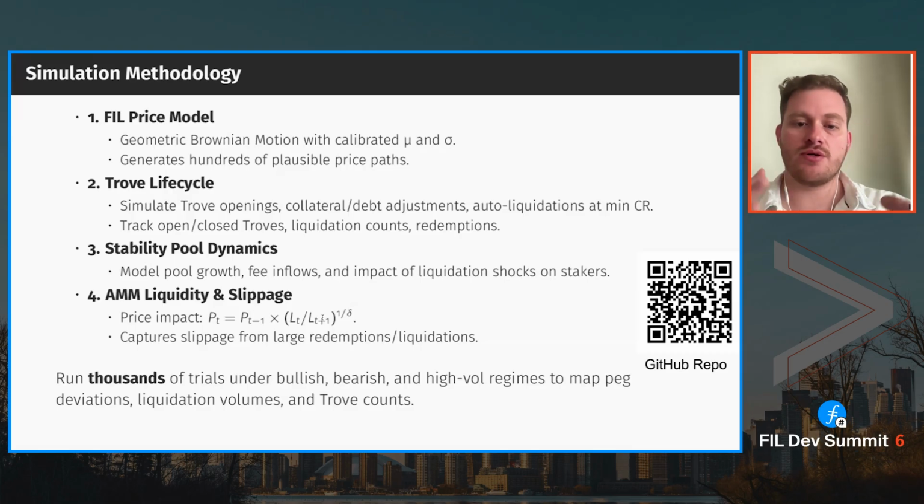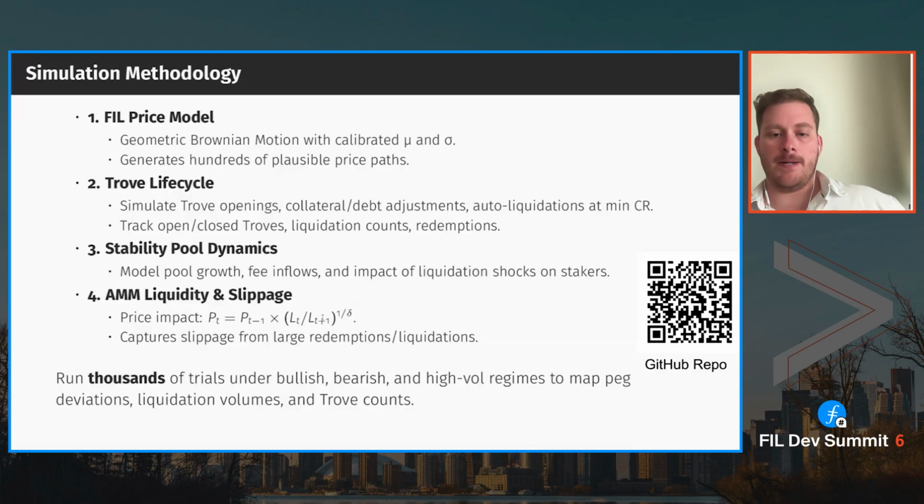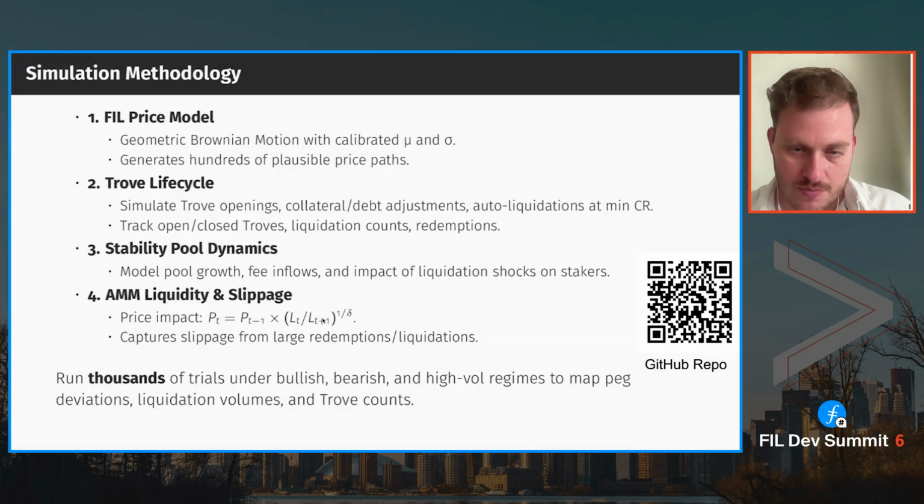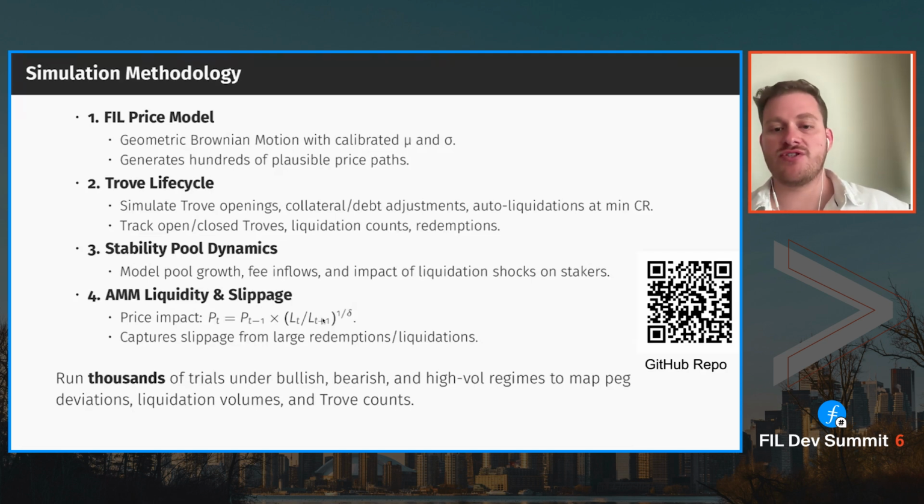And of course, all of these components are correlated. So once we have all these four components, by running thousands or hundreds of thousands of trials under different market scenarios, could be bullish, bearish, high volatility, etc., we map the distribution of these peg deviations, the effect on the collateralization ratio, and test the robustness of the protocol.